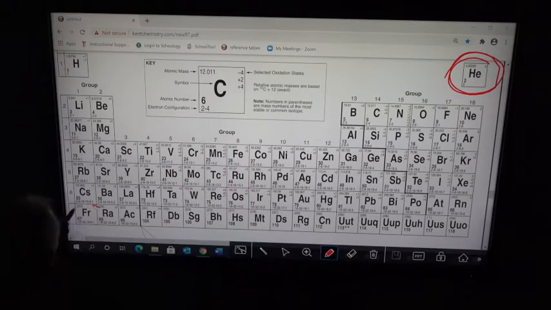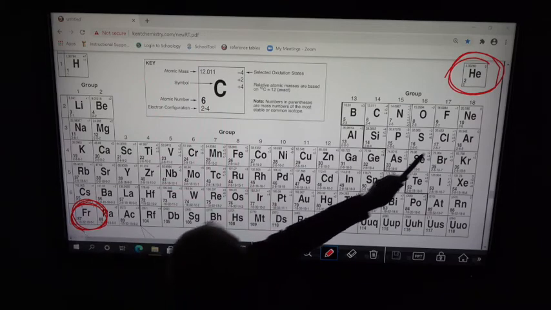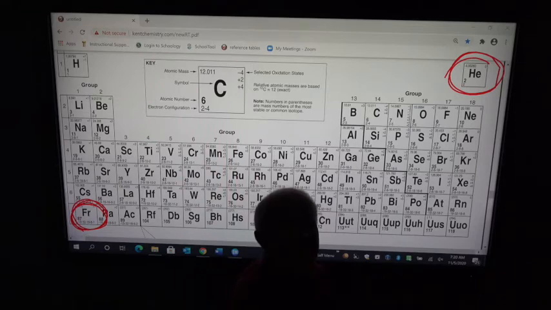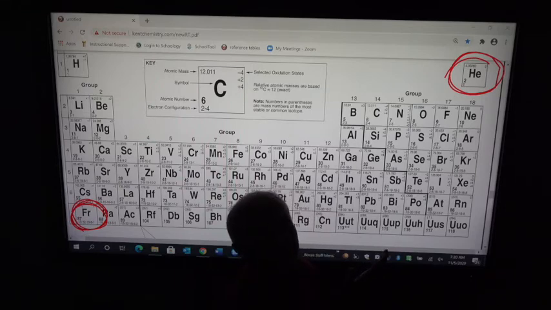This one again. Francium. Francium is the biggest element. It's only got 1 in the outside shell, so that one's the absolute easiest to rip off. The easiest of all. So that has the lowest ionization energy. These guys over here, helium, neon, fluorine, and oxygen, they have the highest. They don't want to be ripped off.